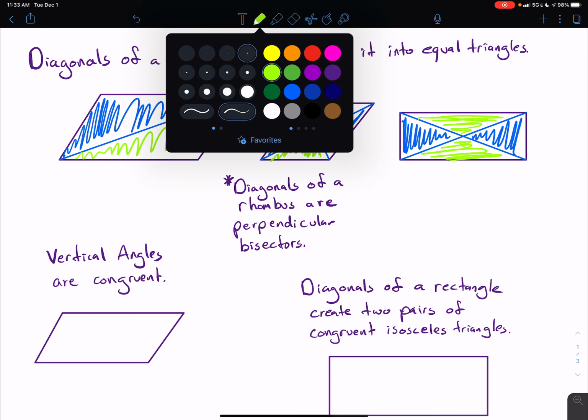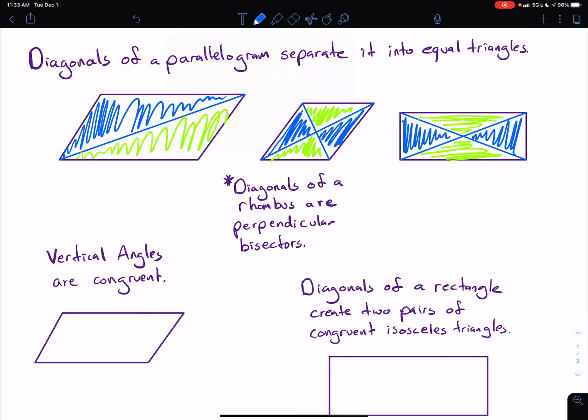Now, note that the diagonals of a rhombus are perpendicular bisectors. So if this is a rhombus, so all of these are the same sides, then these are all 90-degree angles. And that appears to be the case. Even if this isn't quite perfect, it appears close, and so that is correct.